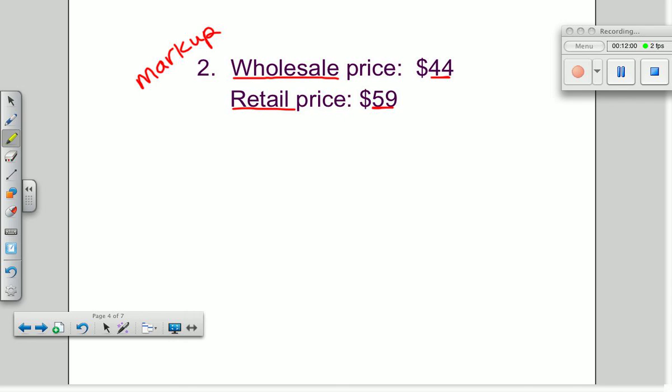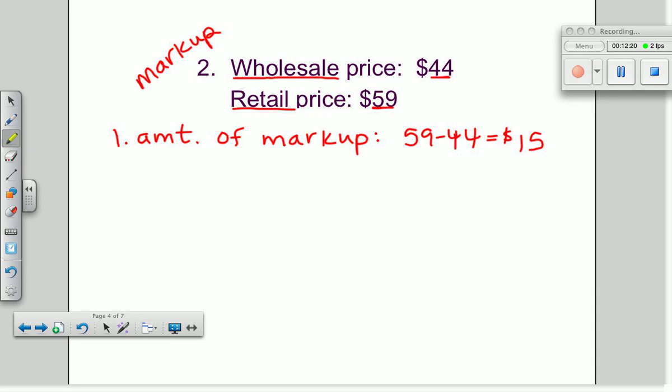So step 1, amount of markup. I'm just going to abbreviate here. So for the amount of markup, we're going to subtract 59 minus 44. Okay? So the amount of markup is $15. Now we're going to write a fraction.